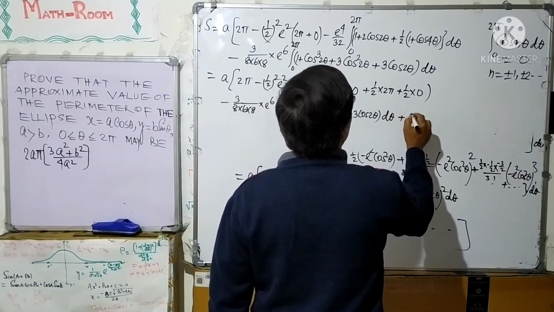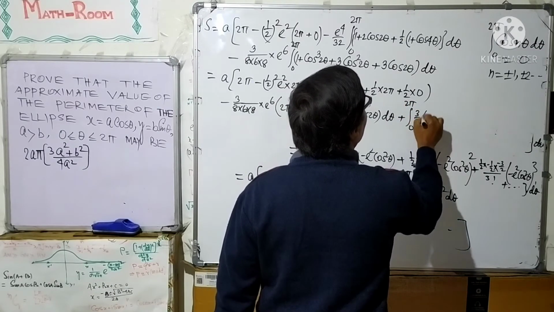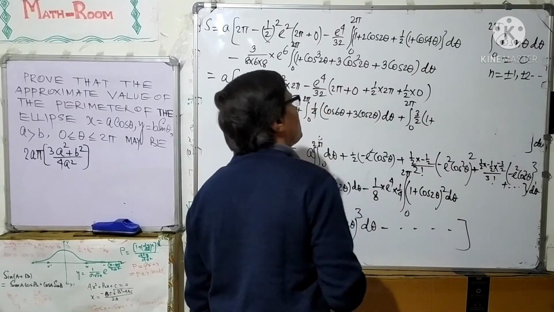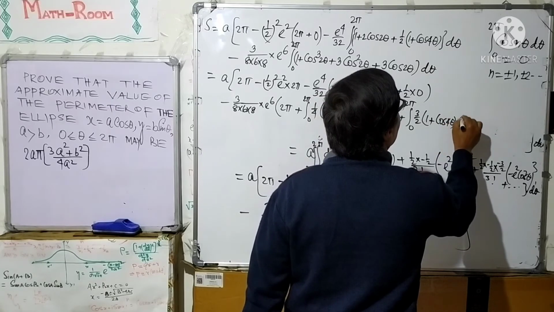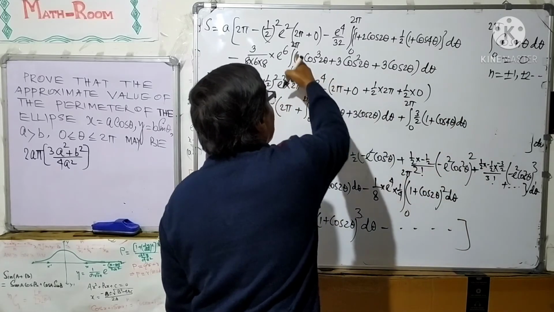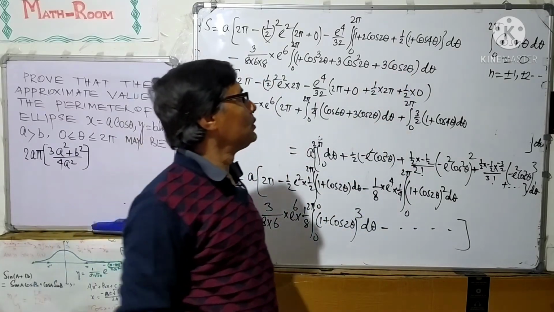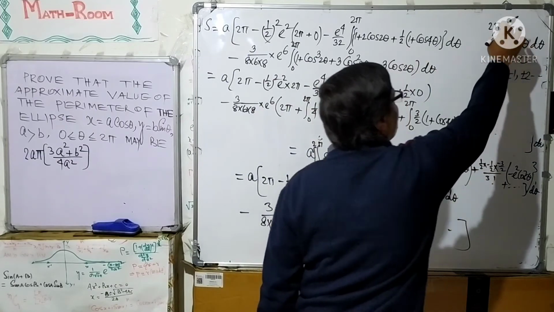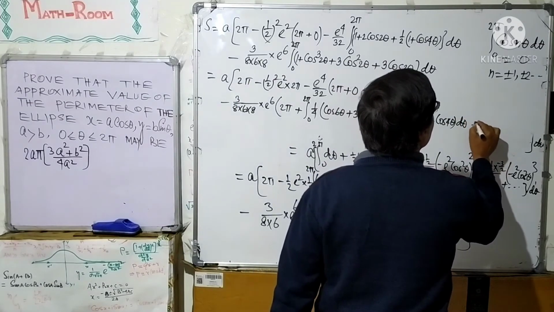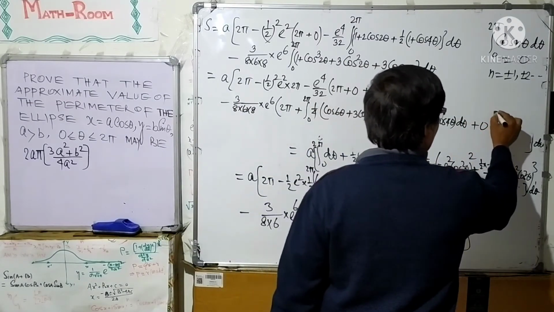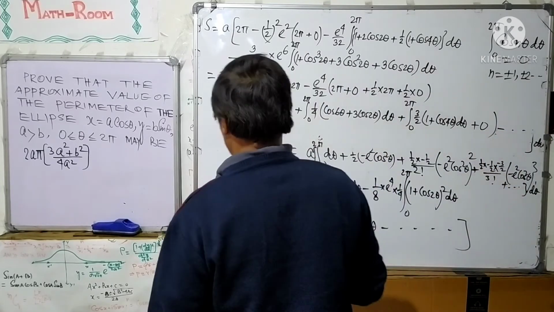That is 3/2 integral 0 to 2 pi of 1 plus cos 4 theta d theta, and also 0 to 2 pi 3 into cos 2 theta d theta is also 0, because this obeys this formula 0 to 2 pi cos n theta d theta equal to 0. So, this is 0. And so on. This is also an infinite series.